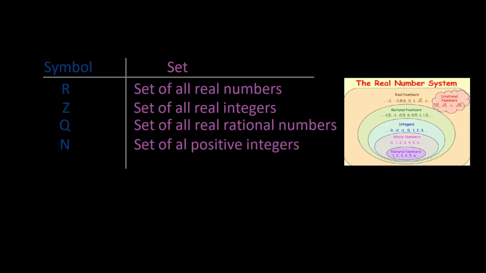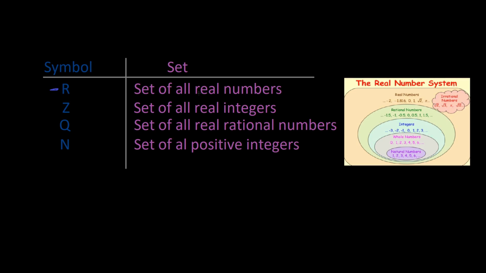Certain sets of numbers are so frequently referred to that they are given special symbolic names. And so here's a chart of symbols and numbers that are so special that they have their own symbols. So let's see the first one, have any guesses?